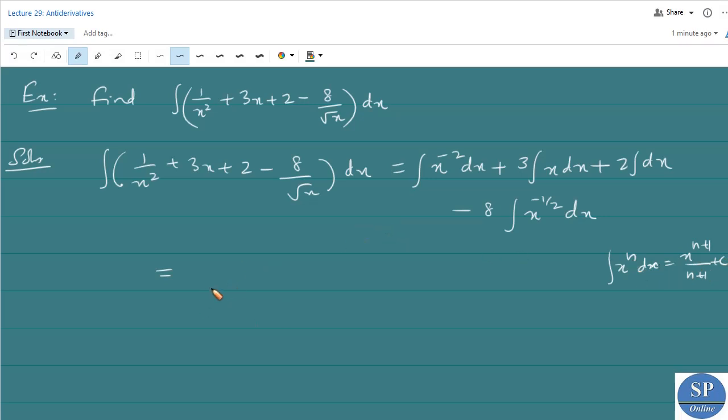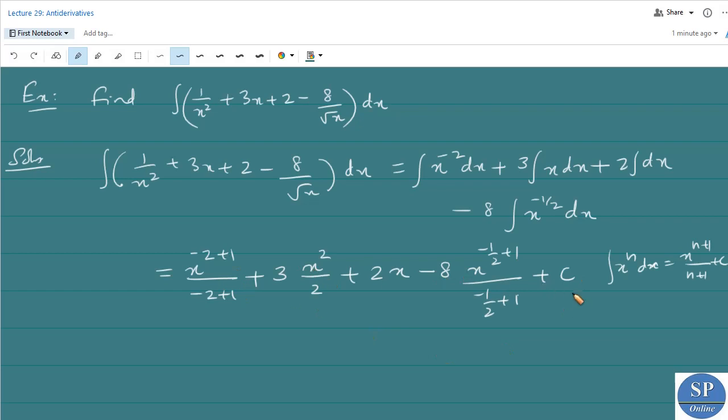So here we can write this is x^(-2+1) divided by -2+1 plus 3 into x^1 dx, that is x^2 divided by 2, plus 2 into integral of 1 into dx or x^0 dx. So we have x itself minus 8 into integral of x^(-1/2) dx, that is x^(-1/2+1) divided by -1/2+1 plus constant of integration.